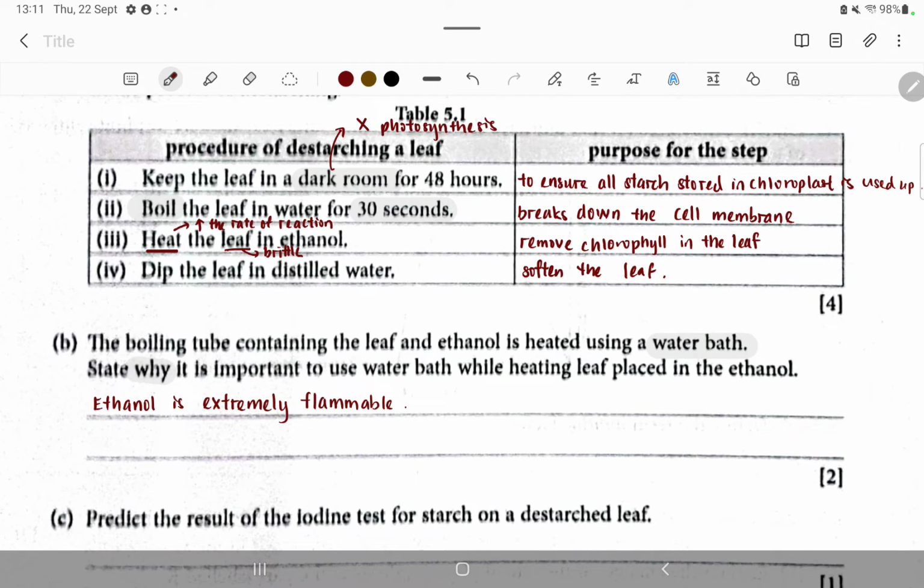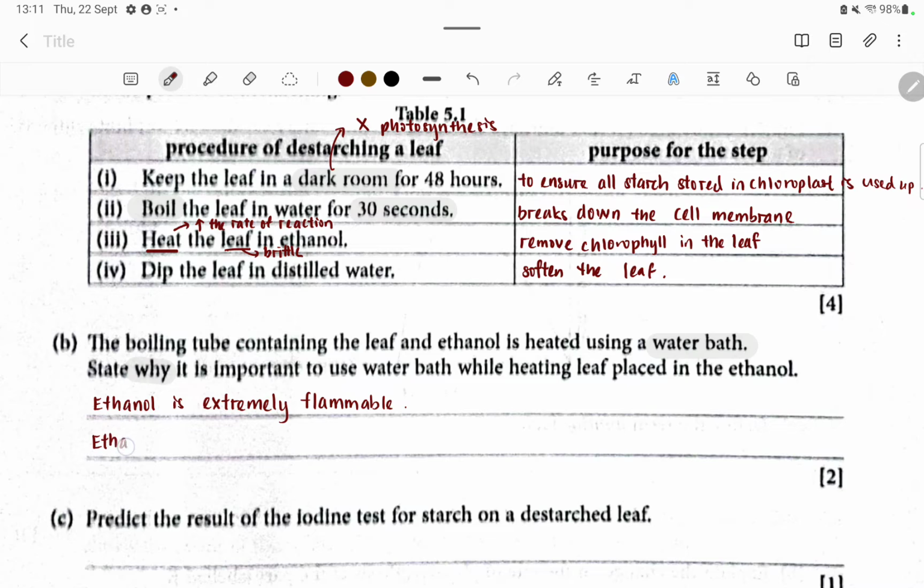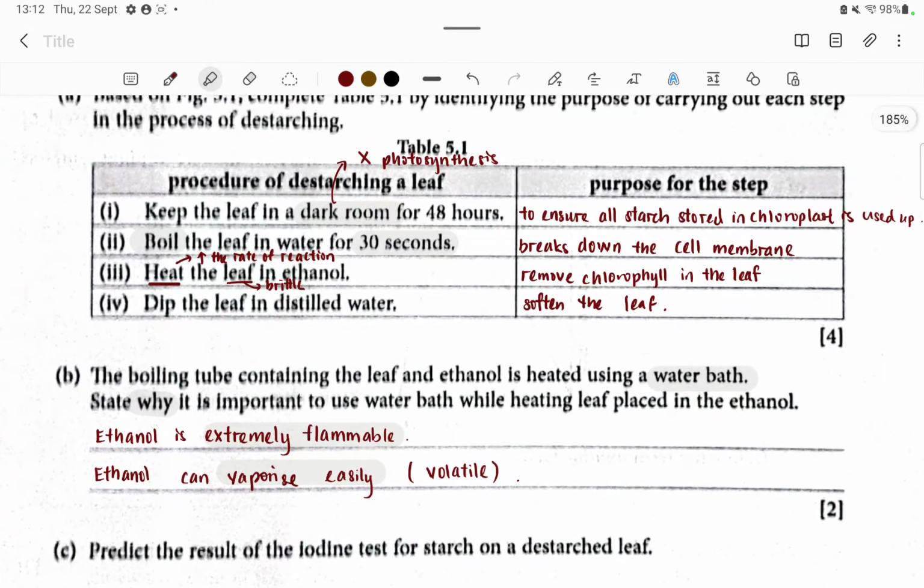And then ethanol can vaporize easily. We have another word, we call it volatile. But if you write this, then you can get your marks already. And then extremely flammable. So this is how you get the marks for A and B, 4 marks plus 2 marks.